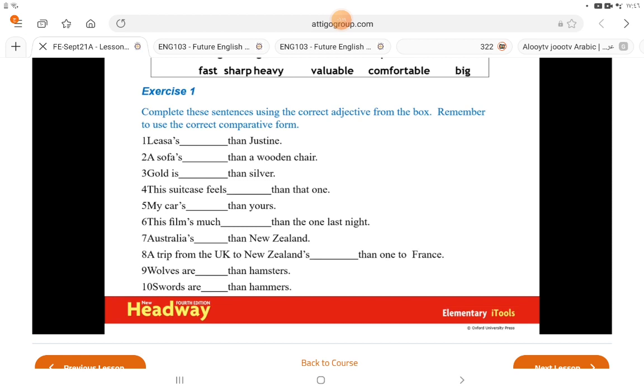Yasir, please. Gold is more expensive than silver. Excellent. Number 4. This suitcase feels, use this word, comfortable, more comfortable than that one. Very good. Excellent, Yasir. Teacher, what is a suitcase?